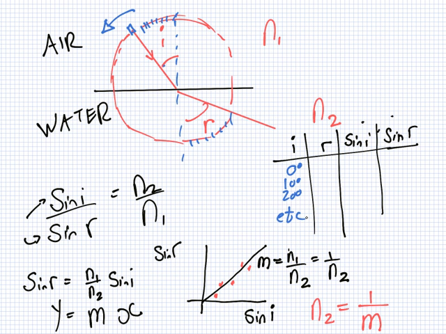Now, when you start this experiment, you'll notice that there's a small problem, because you're dealing with water, this will actually wobble a little bit because it's going through the water. So what you really need to include on your table is something which we haven't talked about just yet, something called the uncertainty.